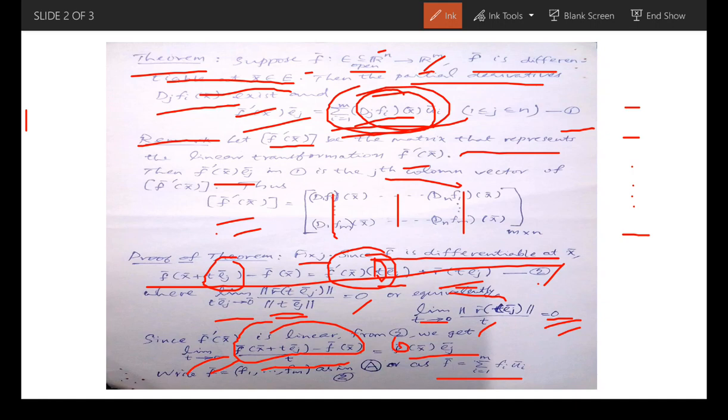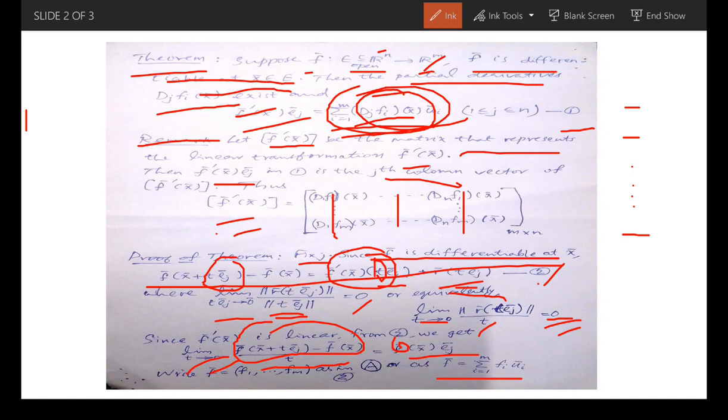And again you are multiplying by 1 by t. The whole thing divided by t means multiplying by 1 by t. So it is actually scalar multiplication. And how are addition and scalar multiplication carried out? It is again component wise. So on each component of f you have to perform addition and scalar multiplication.